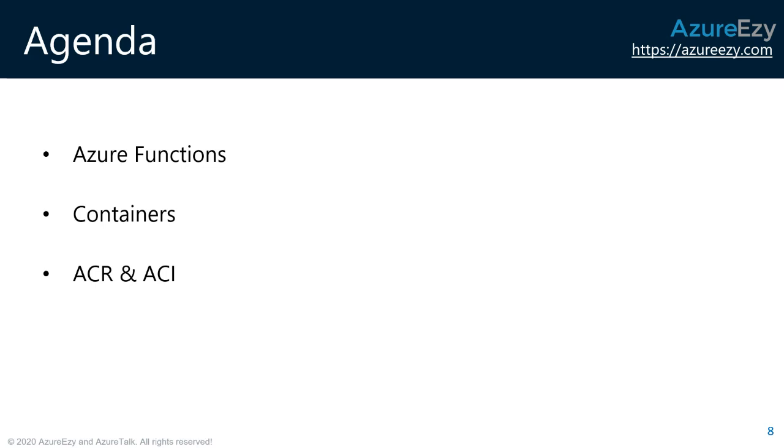If time permits, we will talk about a little bit of Kubernetes as well. Kubernetes is not part of this series, but when we discuss containers and how they are used in the industry, we will go through a little bit of Kubernetes. Then we will go through Azure Container Registry and Container Instance also. So let's go ahead and start with Azure Functions.